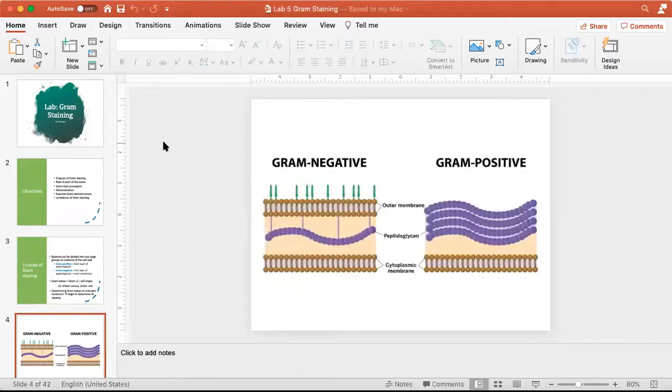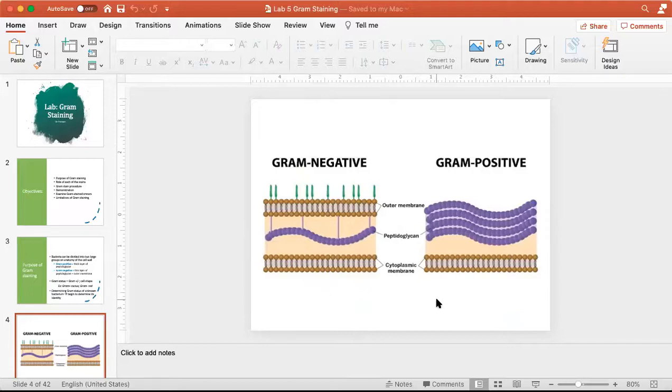So we learned about the cell wall in lecture. As you're looking at the prokaryote material this week, we also talk about cell wall structures. On this slide, you're looking at a drawing of the difference between the cell wall of a gram-positive bacterium and a gram-negative bacterium.